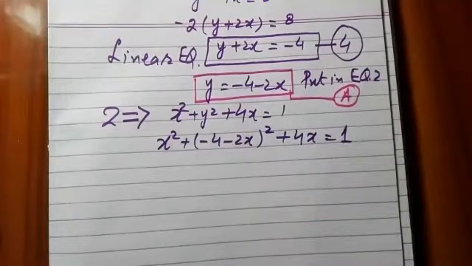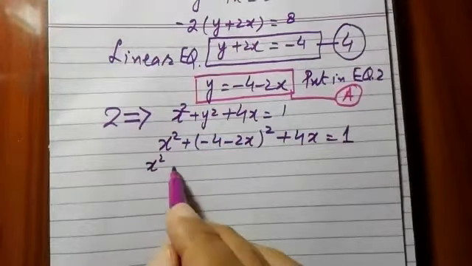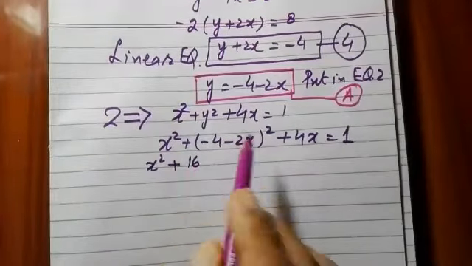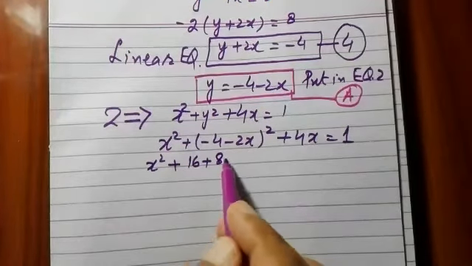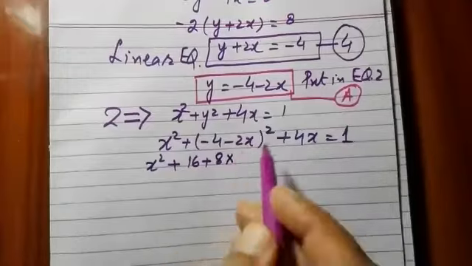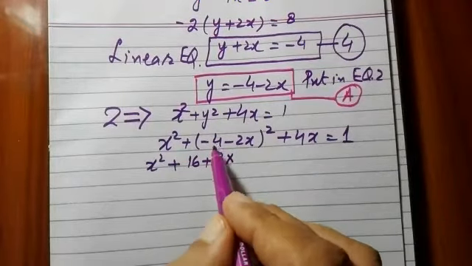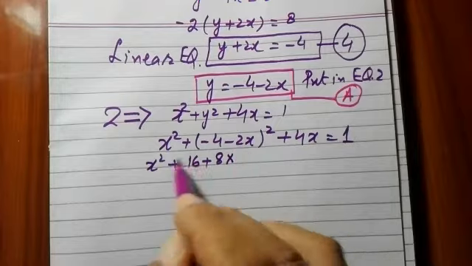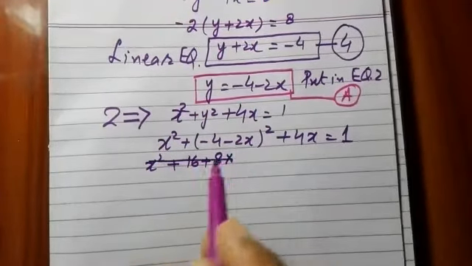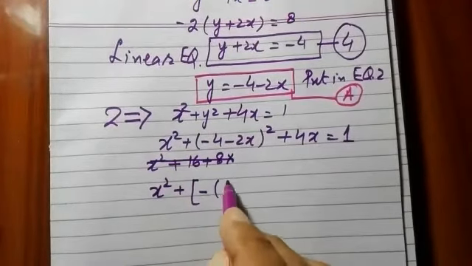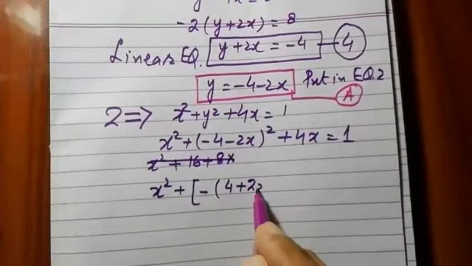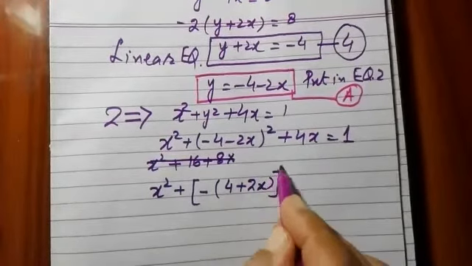And you will notice that all these terms are in the form of whole squares. So you will write it as x square plus, and I am expanding the whole square. If I rewrite it on the next line, just for your convenience, if you take the negative sign common, it will become 4 plus 2x within square.